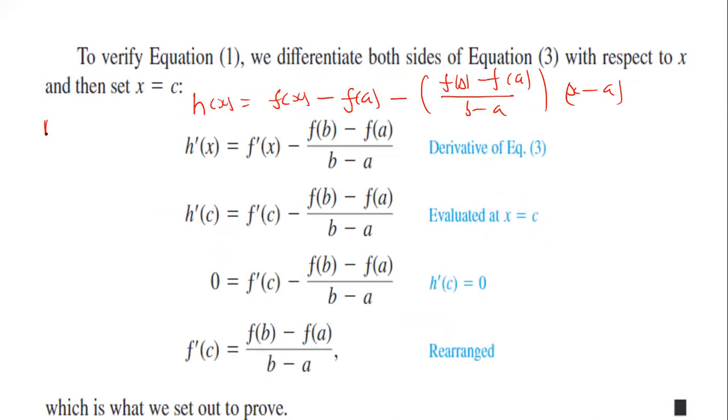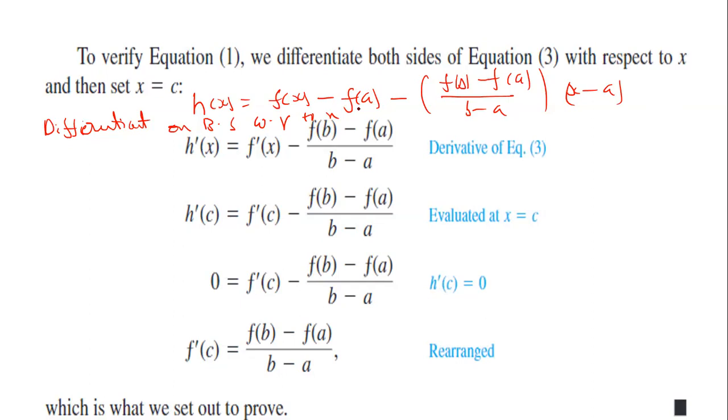If you differentiate on both sides with respect to x, then the differentiation of h(x) is h'(x). The differentiation of f(x) is f'(x). Here, f(a) is a constant value, because there is no x here.